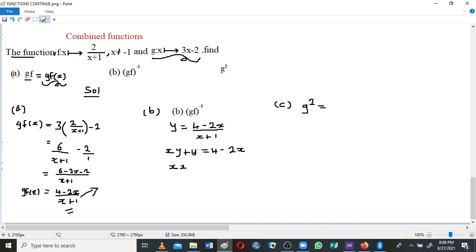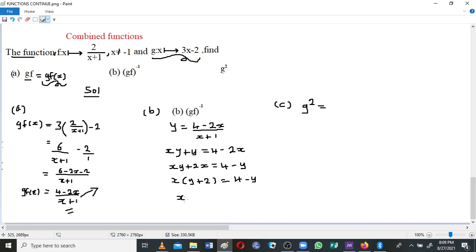If we do that, on this side we have xy plus 2x, is equal to, if we add negative y to both sides, 4 minus y. Now solving for x, we factorize x outside the brackets. We remain with x times (y plus 2) is equal to 4 minus y.